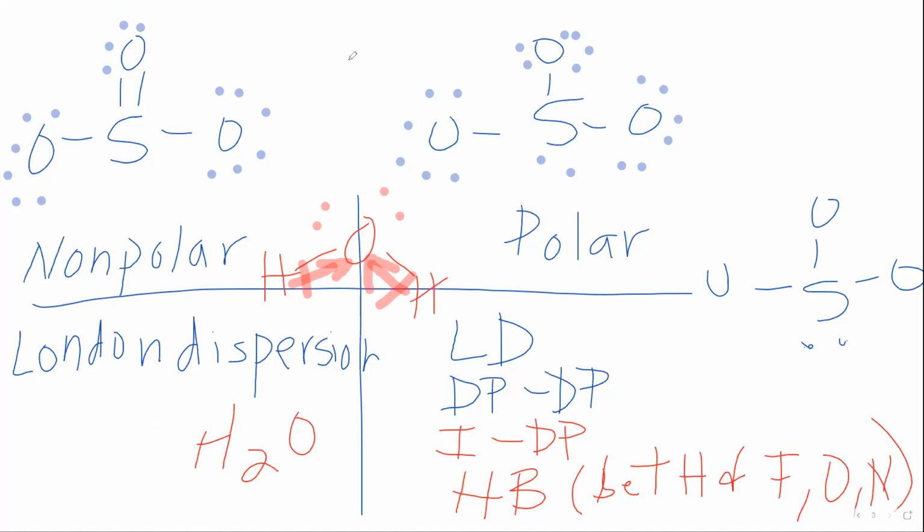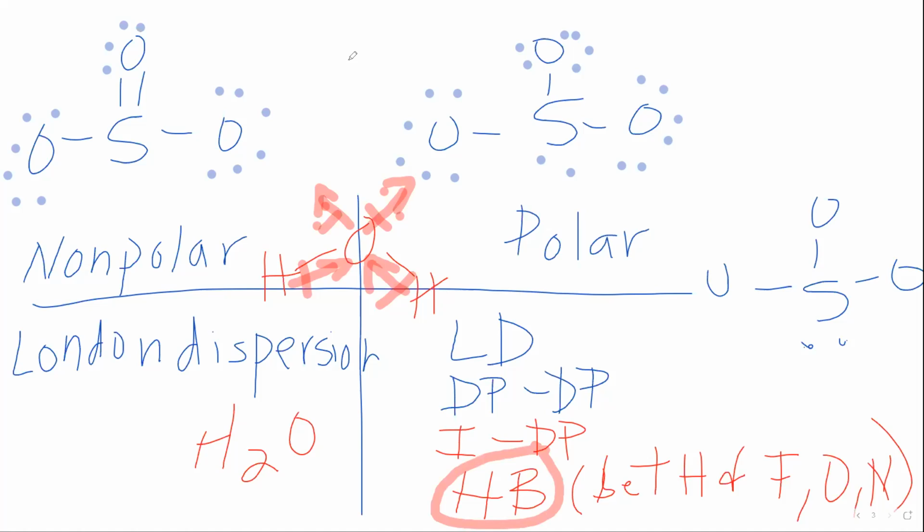And these are also going to come in and pull out. All right, so you notice they're all adding up, and this is a very polar molecule, but this also has hydrogen bonding. In order to have hydrogen bonding, your molecule has to be polar, okay?